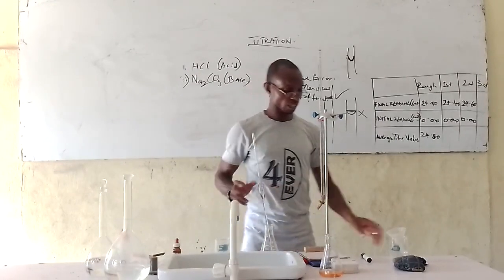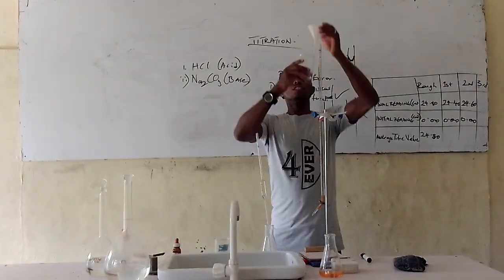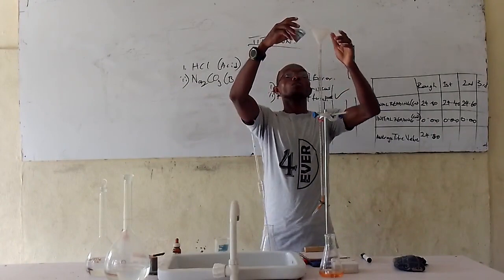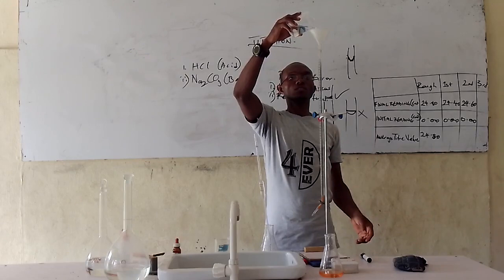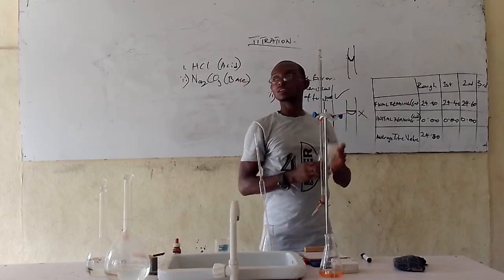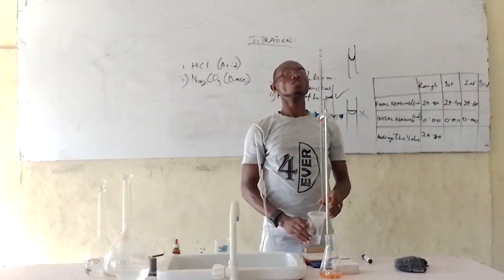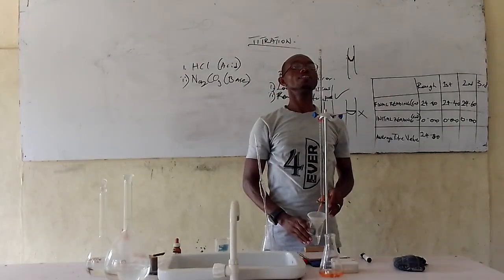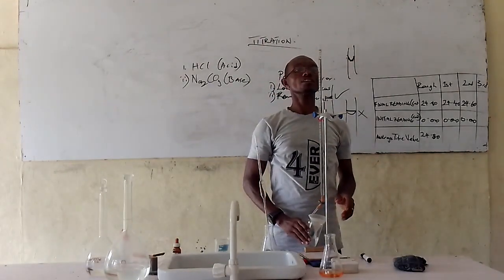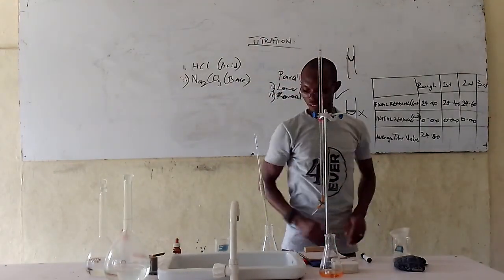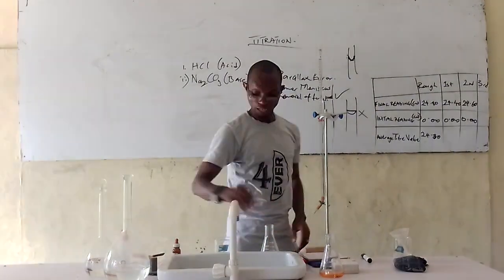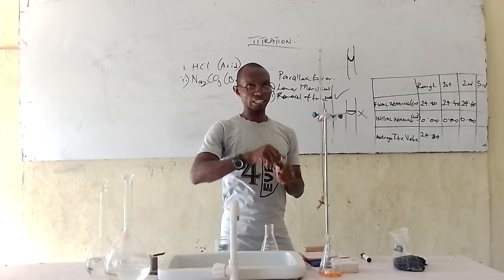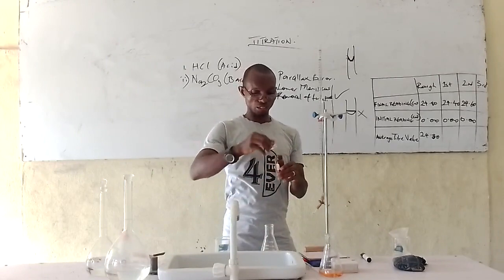While this one is dispensing, let me quickly top up the content of my burette once more. So I have added the content of my burette, and I have this there. I am removing my pipette now, and I'm going to add indicator, which is methyl orange.